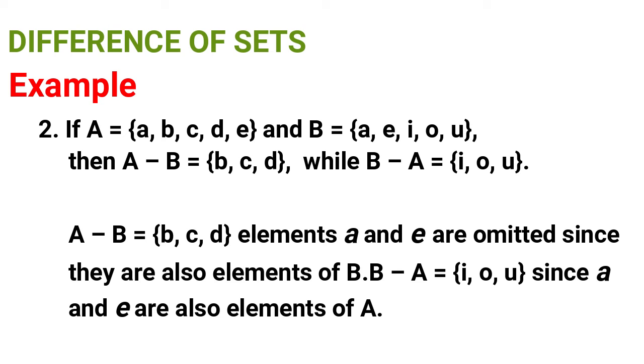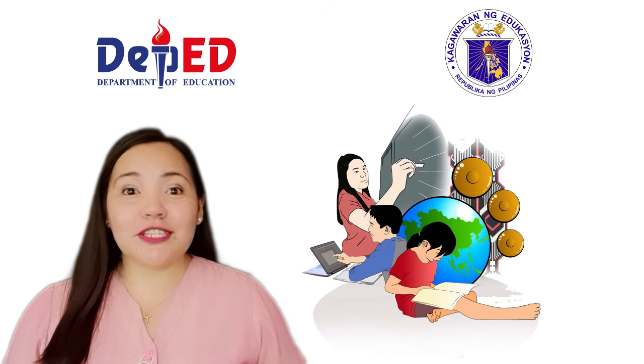Number 2. A minus B is equal to {b, c, d}. Elements a and e are omitted since they are also elements of B. Then, B minus A is equal to {i, o, u}, since a and e are also elements of A. Do you follow me?